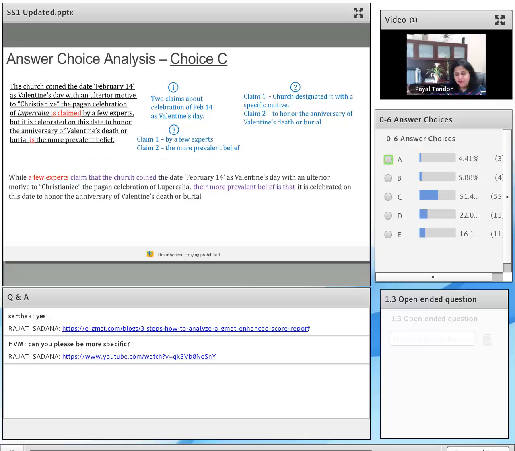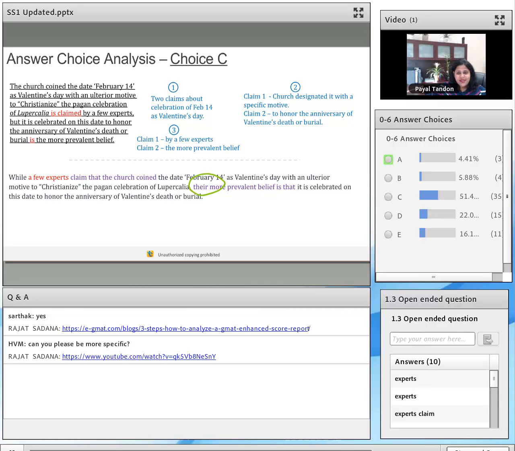Their more prevalent belief is, this little word there is what the issue is. Because now what does there refer to? In choice C, what does there refer to? A few experts. Absolutely right.